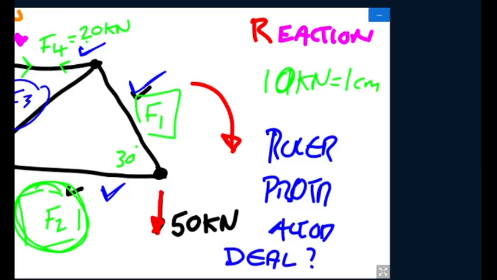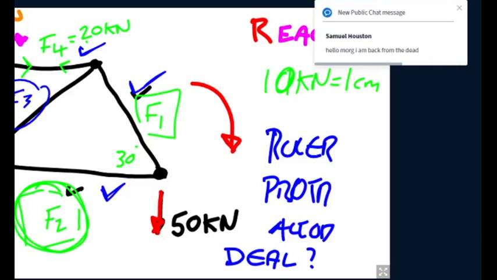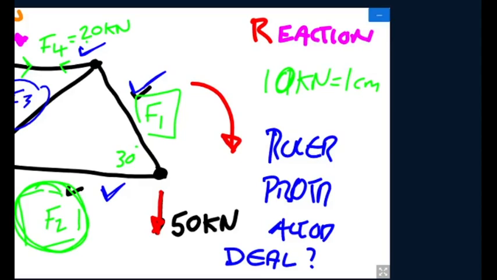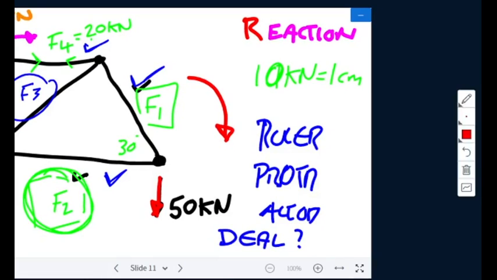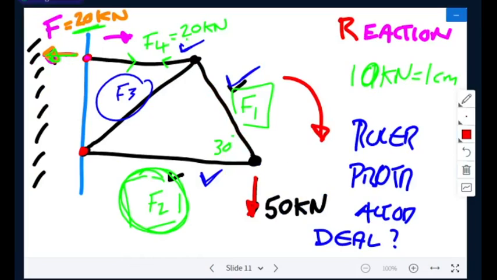Hello, Sam. We're back on. You need to get a protractor. Can we all type D, please?